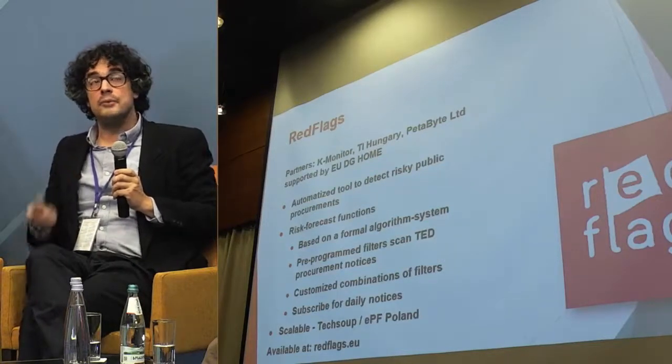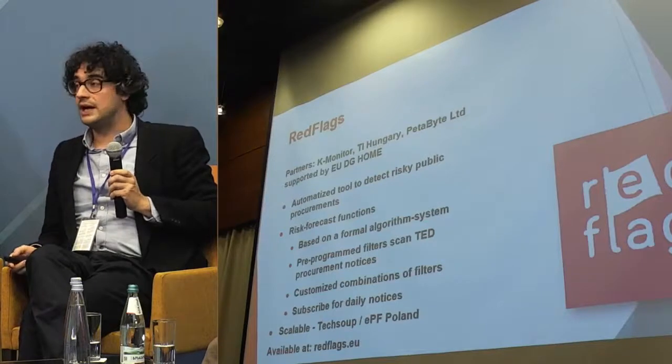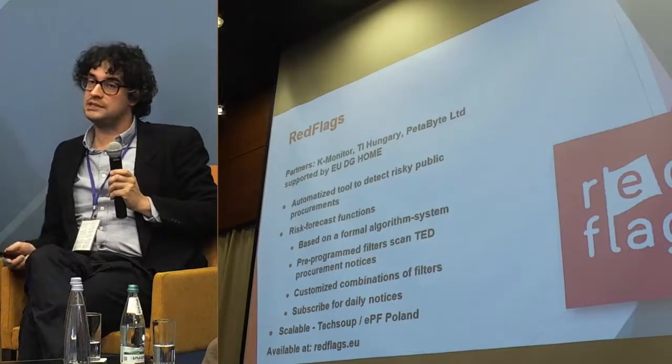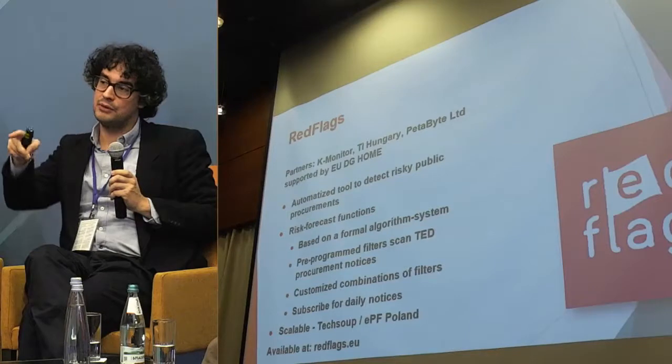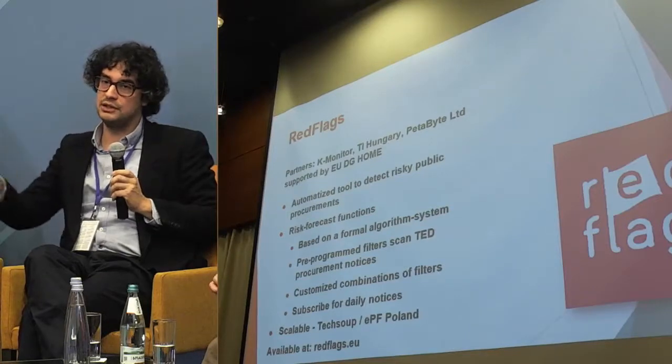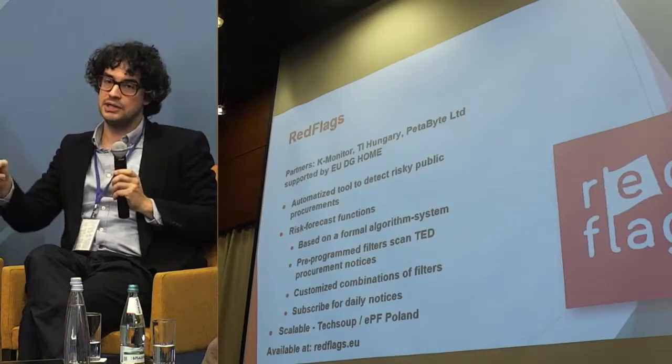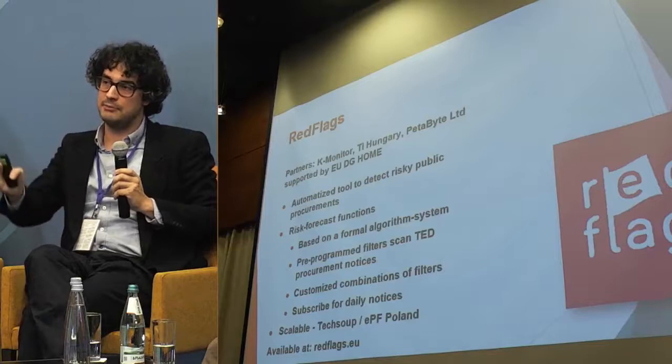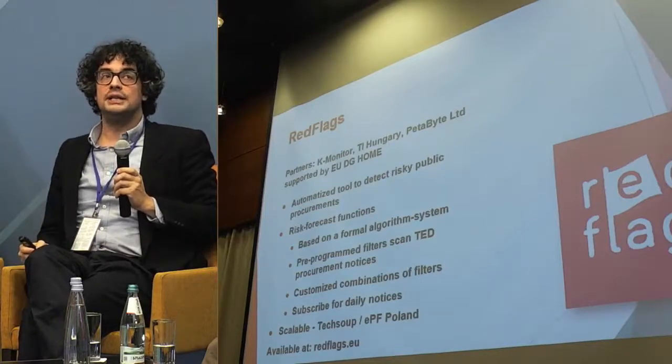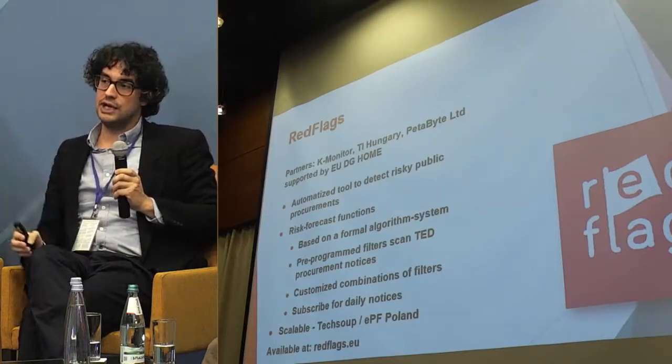And then we came up with this idea of doing red flags, an algorithmic system that tells you at least probably you should check out these procurements. They might be risky. It doesn't tell you that they're corrupt for sure, but it tells you that it's worth looking at.